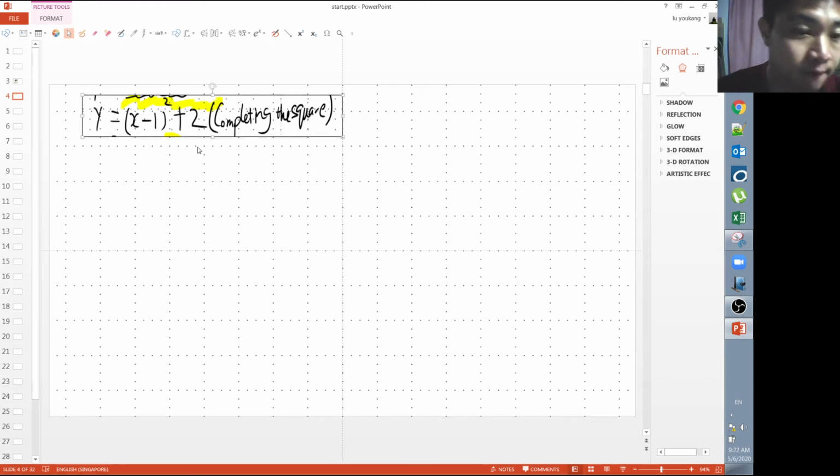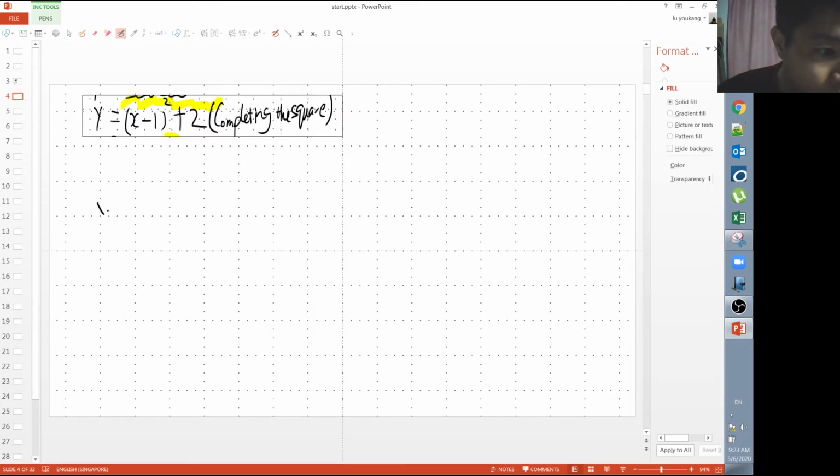The question given from the previous slide can be expressed in this format after completing the square. Let me first start off with a general graph, y is equal to x squared.